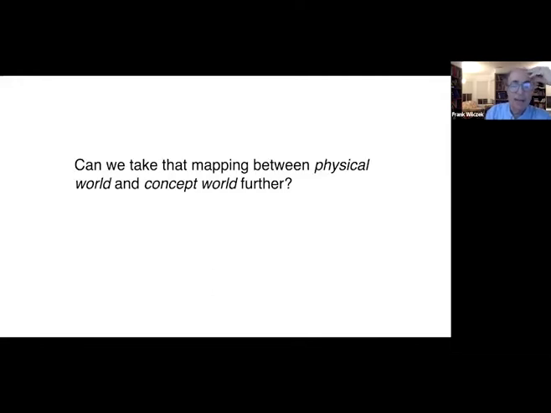So we have a remarkable mapping between the physical world of laws and particles and physical objects and the world of concepts that you can tell a computer, and the computer knows what to do with it to do calculations that map directly onto what we see in the world. And that success makes us wonder whether we can take it further.